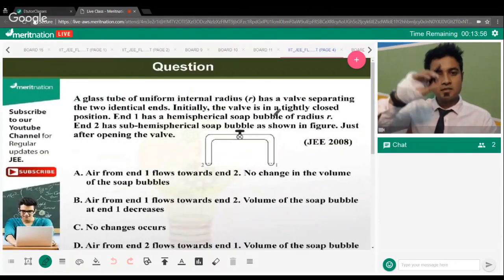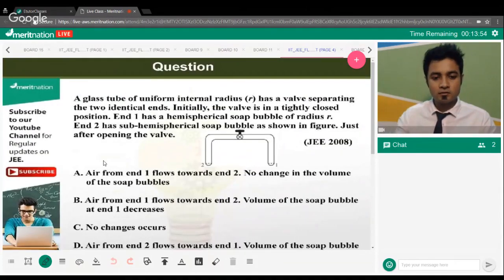Yes, this question is here. There is a glass tube where the two soap bubbles are here. Internal radius is given as r. And the valve separates the two identical ends. Initially, the valve is in a tightly closed position. A hemispherical soap bubble of radius r and a sub-hemispherical soap bubble is shown in the figure.